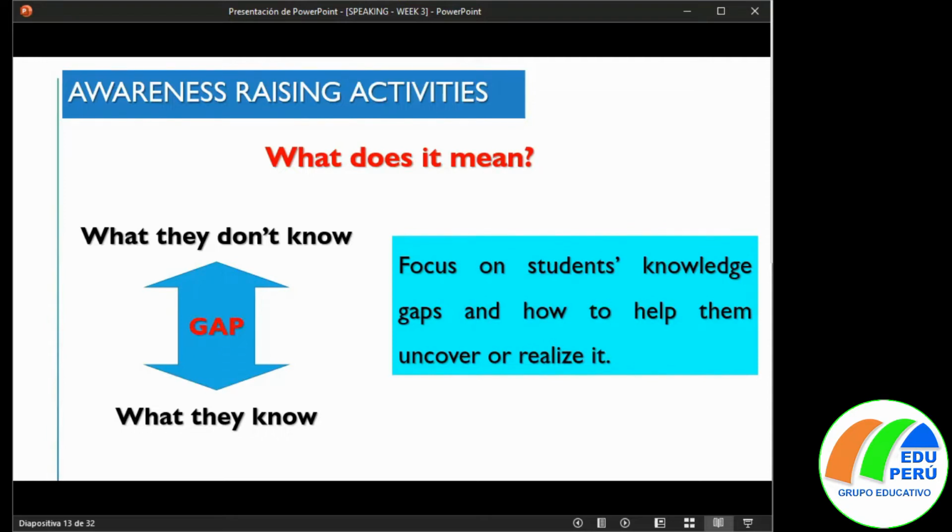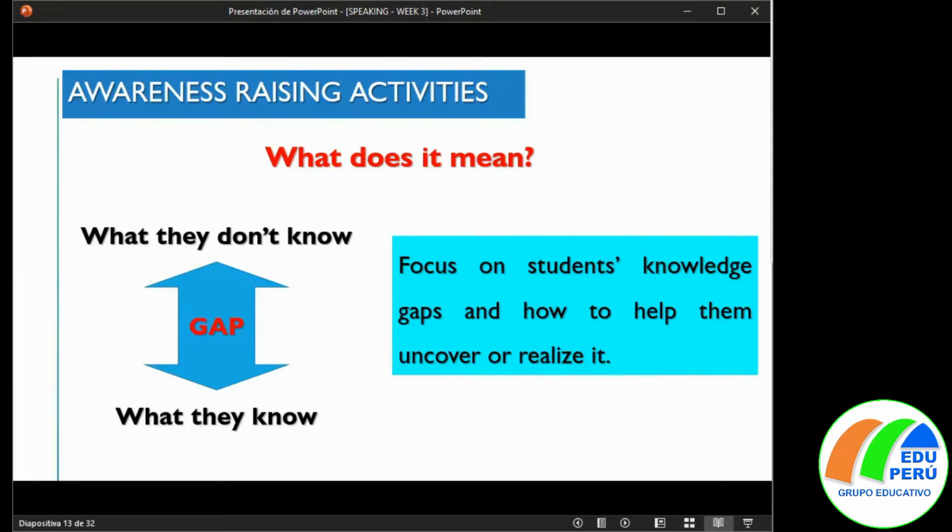I know how to maybe ask for something, but in order to order a meal or a food, well, I don't know. I don't know the structures. I don't know how to say it. So these activities are going to make your students recognize this knowledge, this linguistic information, to use it. So this is the purpose of these activities.